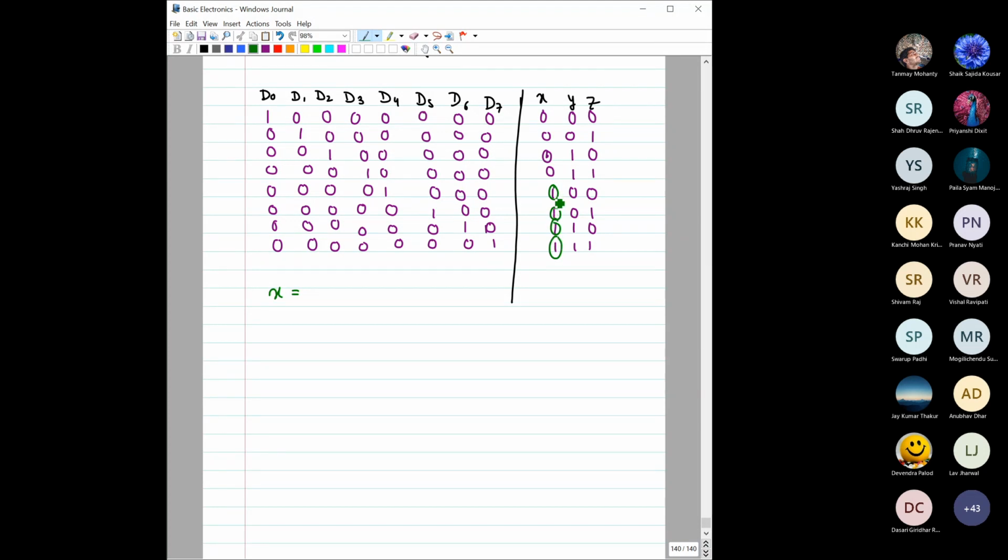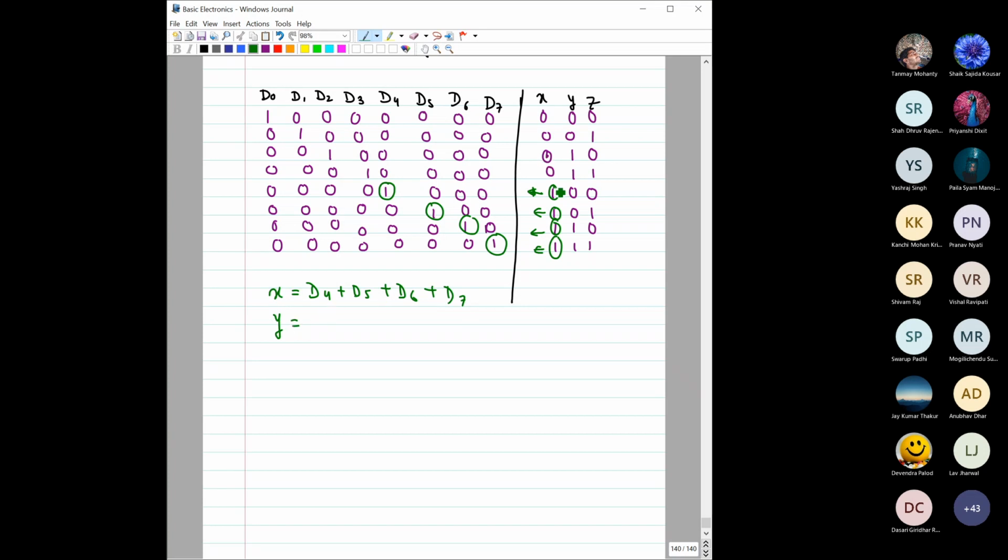For each of these cases, which input is on? For this case this is on, for this case this is on. So it is D4, D5, D6, D7.